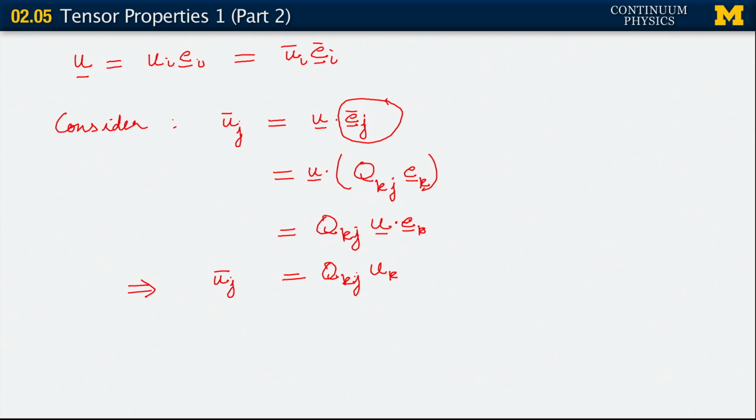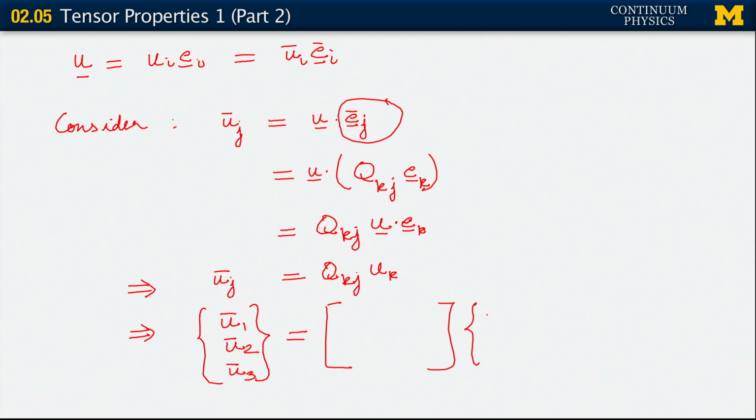If we arrange the components of U in the barred basis as a vector, in particular, U bar_1, U bar_2, U bar_3, we can ask what is the matrix that relates this arrangement of components with the arrangement of components in the unbarred basis?